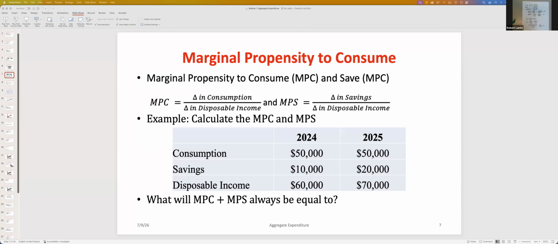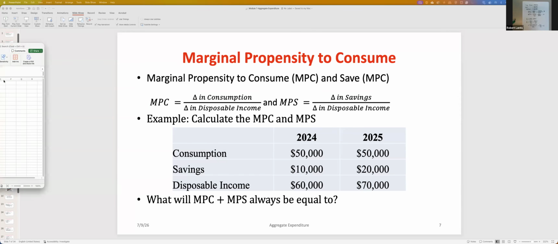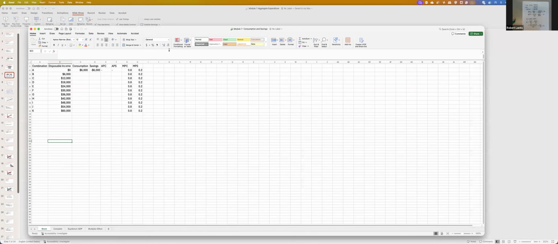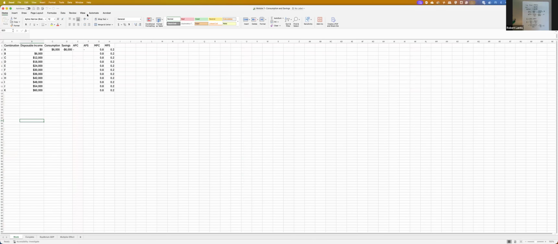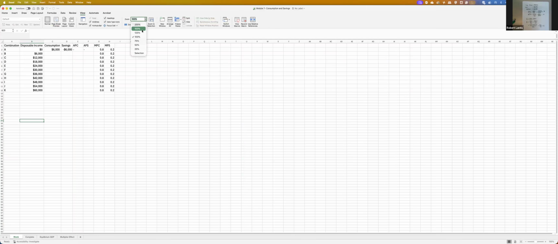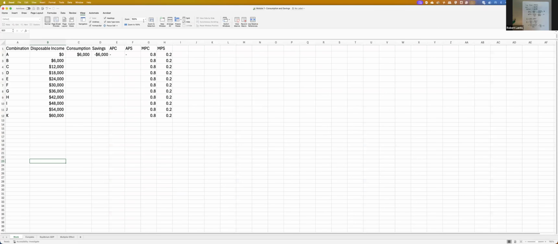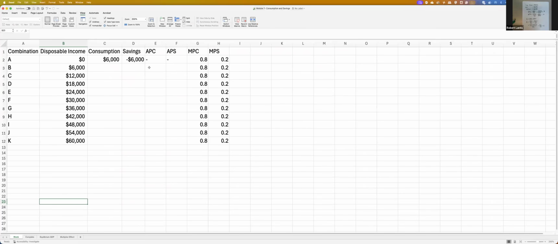I want to think about this, so let's change the view here so we can see this a little bit easier. I'm looking at this blank worksheet. I have the completed version here in a second, but let's build this out in Excel.